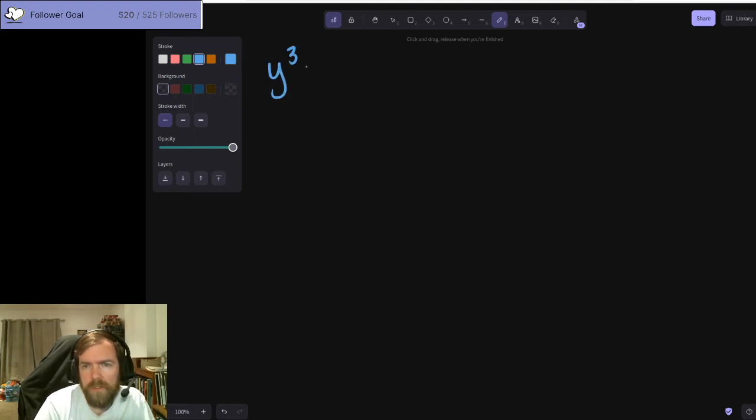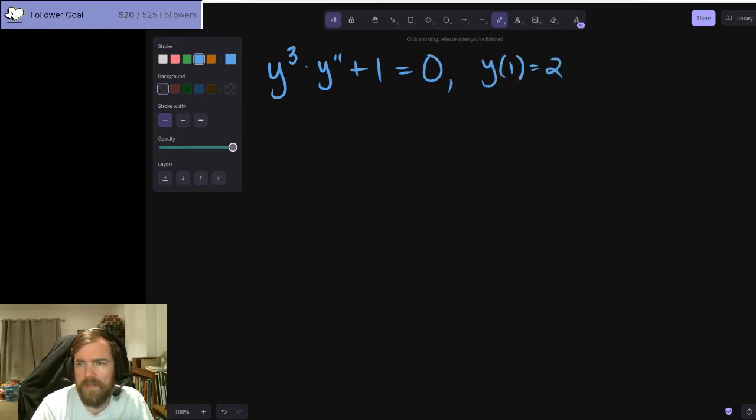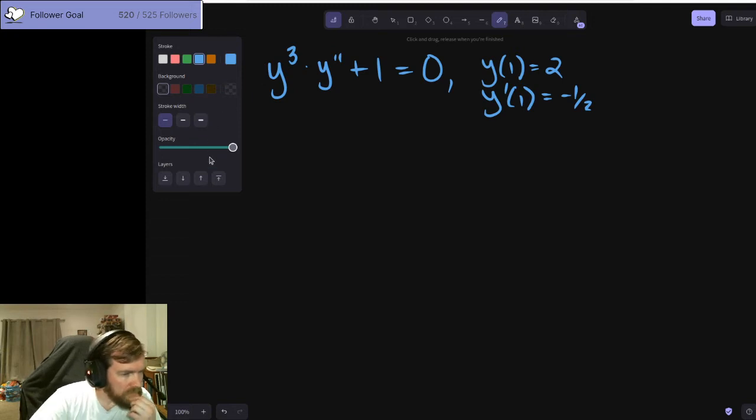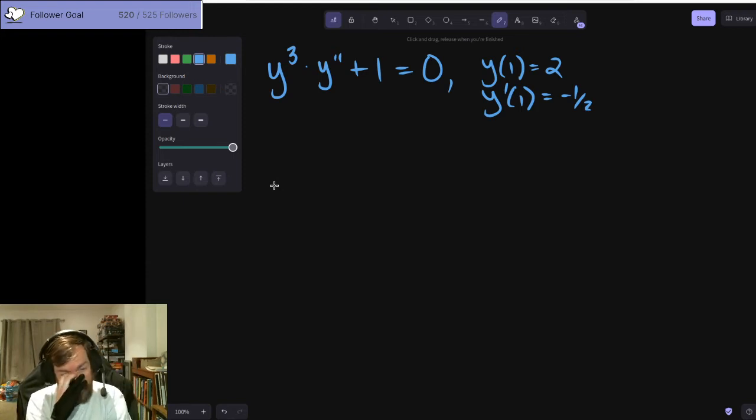Y cubed times y double prime plus 1 is equal to 0, where y at 1 is 2, y prime at 1 is negative 1/2. The nonlinearity of it isn't necessarily going to be an issue in any way, shape, or form, but it does potentially cause some frustration as we go through it.